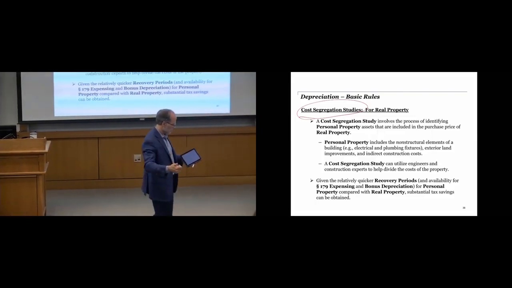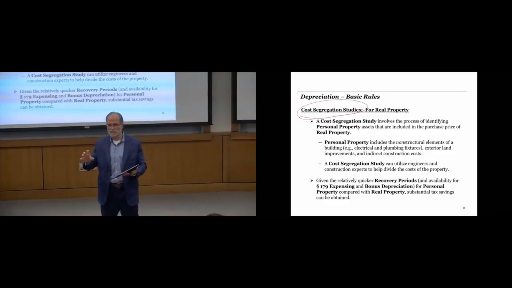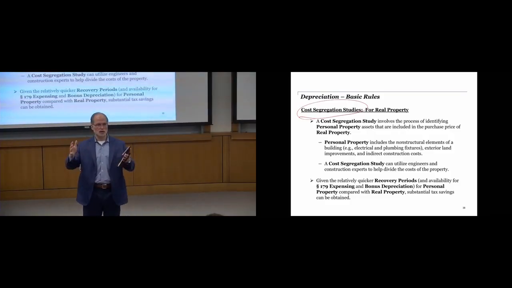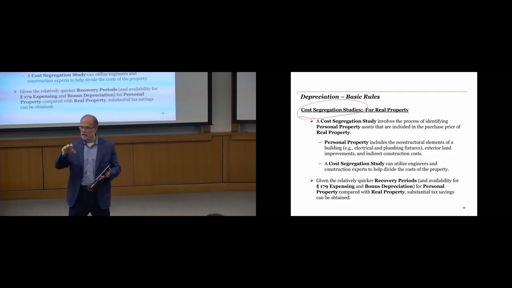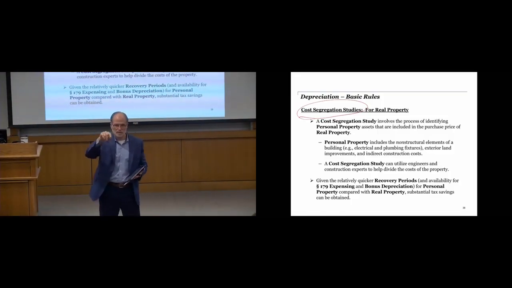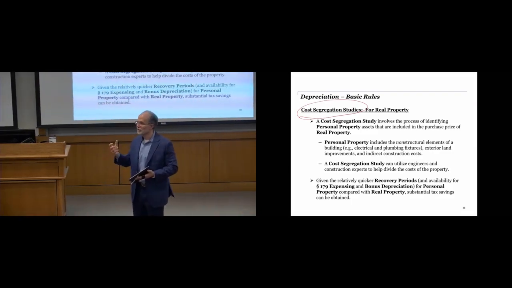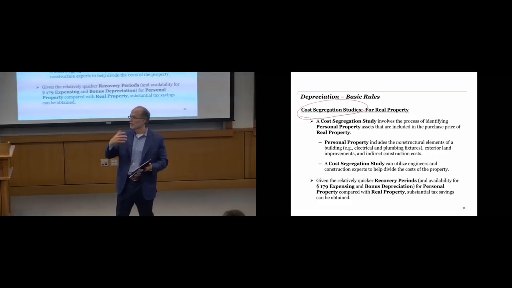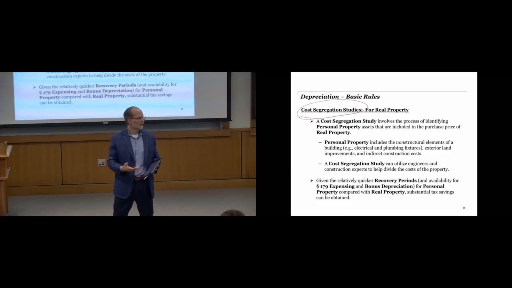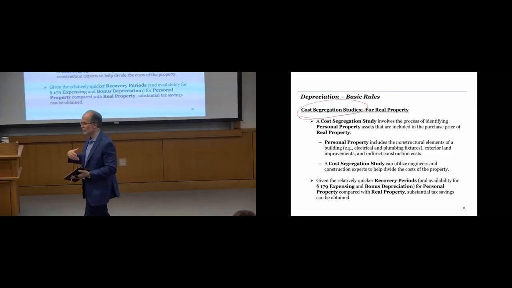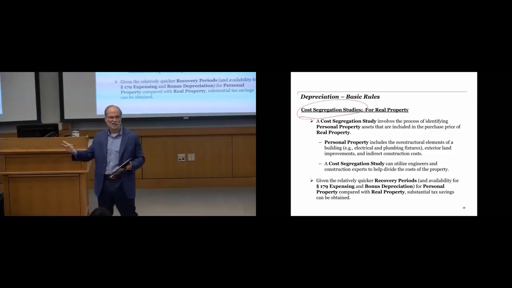costs. So a cost seg study takes something that might cost you $10 million for a new office building, and says let's get inside that $10 million and see if we can carve out pieces of it. What we're looking for is categories of property that we can recover quicker than multiple decades. The stuff we talked about last week, some of it's 5 years, some of it's 7 years, much quicker.